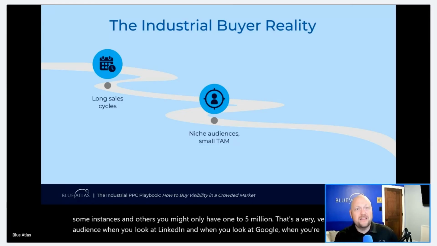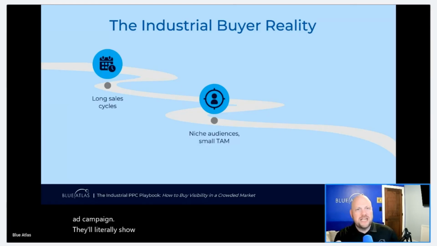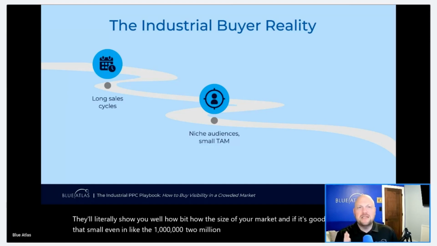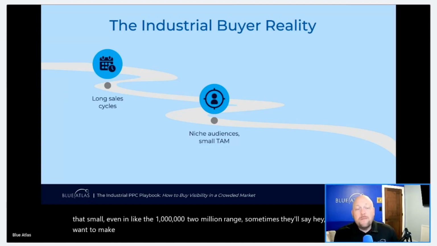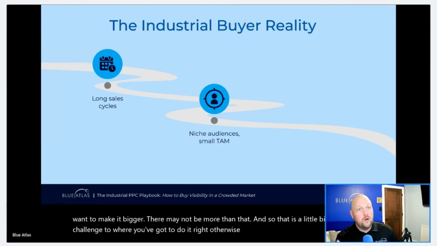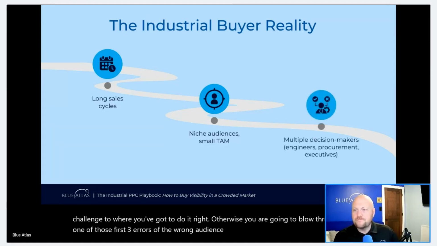When you're building an ad campaign, they'll literally show you the size of your market, and if it's good. When it's that small, even in the 1 million, 2 million range, sometimes they'll say, hey, you might want to make it bigger. There may not be more than that. And so that is a little bit of a challenge to where you've got to do it right. Otherwise, you are going to blow through one of those first 3 errors of the wrong audience or the wrong people.